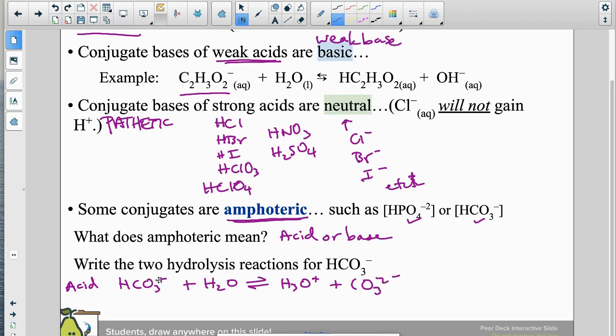That should be a HCO3 minus here. Or it could act as a base where it takes a proton from water. Here it's going to form H2CO3, carbonic acid, plus OH minus. So some ions are amphoteric and can accept a proton or donate a proton.